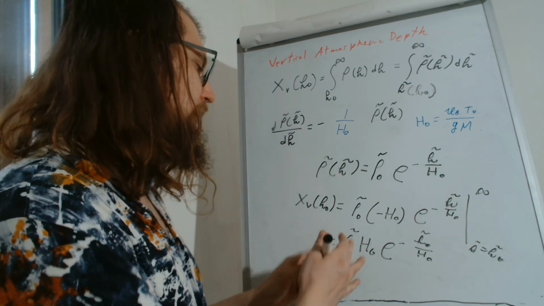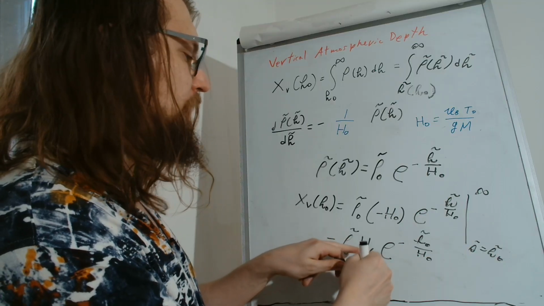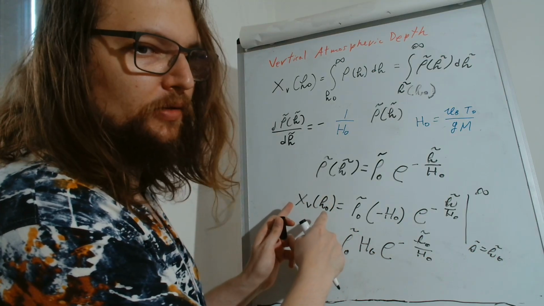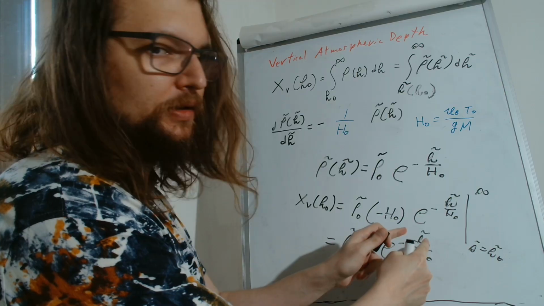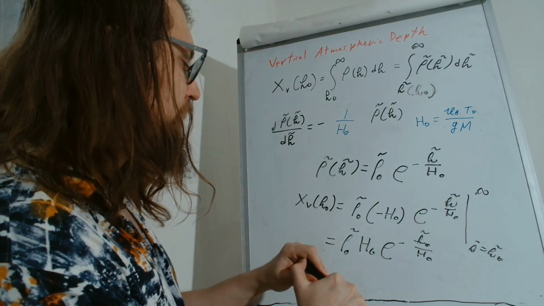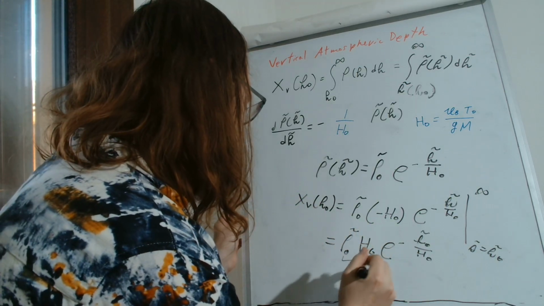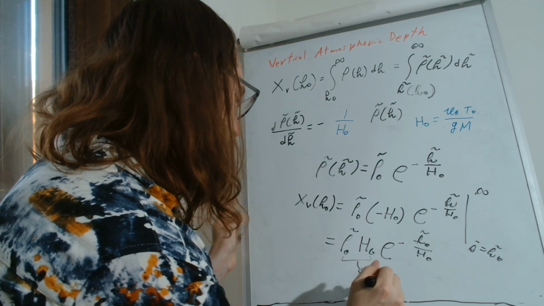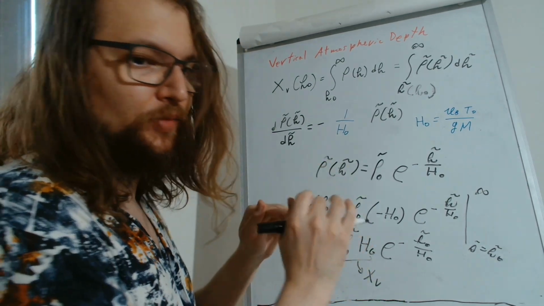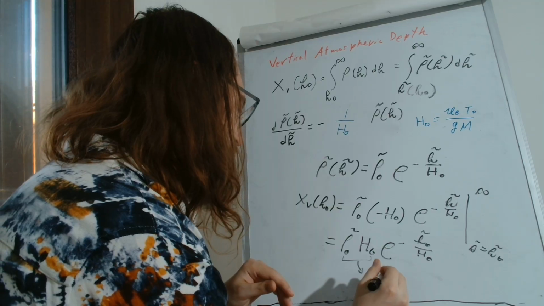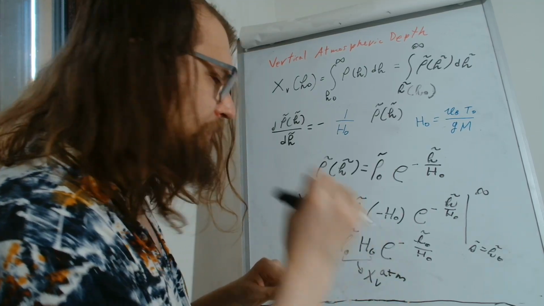So we see also that rho 0 tilde h0 is the vertical depth at h tilde equals 0, and this is simply the vertical depth at 1 atmosphere, so we call it X_v atm.